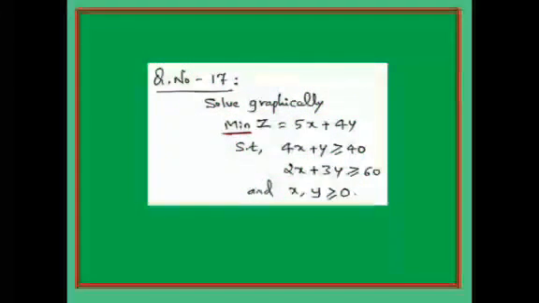Question number 17. Solve graphically: minimization of z equal to 5x plus 4y subject to 4x plus y greater than or equal to 40, 2x plus 3y greater than or equal to 60, x, y greater than or equal to 0. See, in this problem minimization is given, underlined in red ink. In the examinations it will not be given in that way, but here for your understanding it's underlined in red ink.